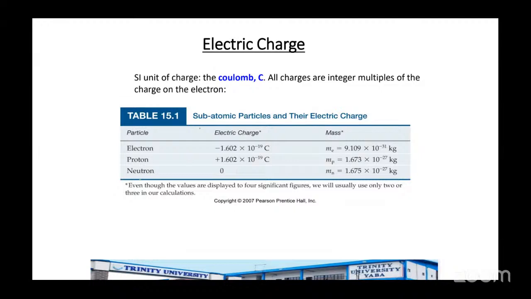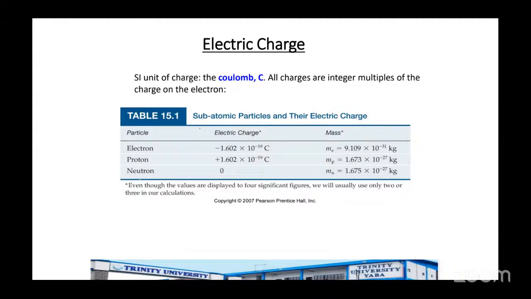Right. So for the electron, the electric charge is 1.602 times 10 raised to minus 19 coulomb. Proton has the same amount of charge. Like I told you before, the magnitude of the charge on an electron is equal to the magnitude of the charge on a proton. When we talk of magnitude, we ignore the plus and minus.